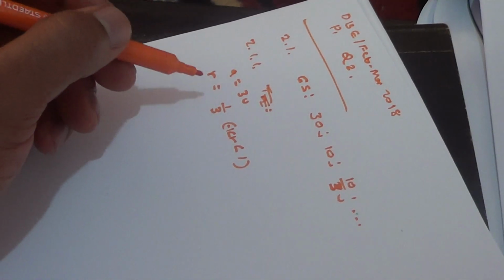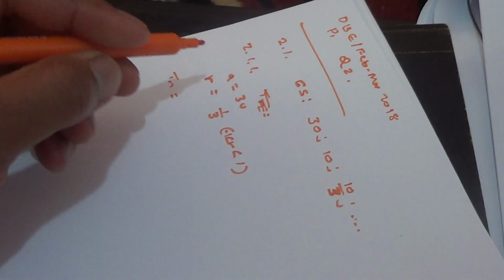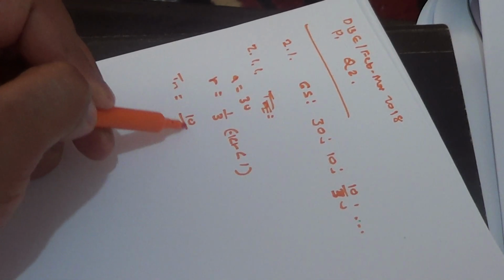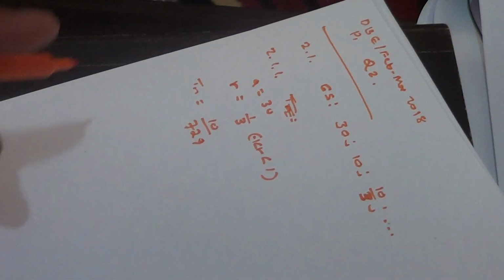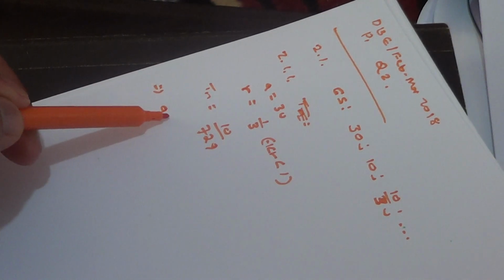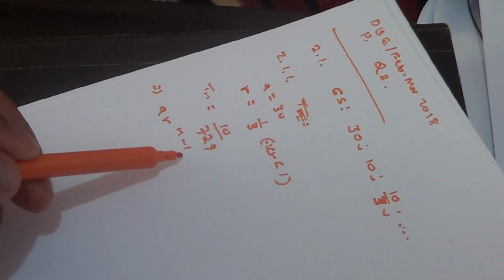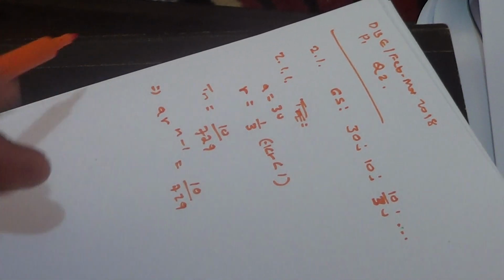Okay, anyway, so we are told Tn equals 10 over 729. Now that implies what is Tn is A R to the n minus 1 equals 10 over 729.